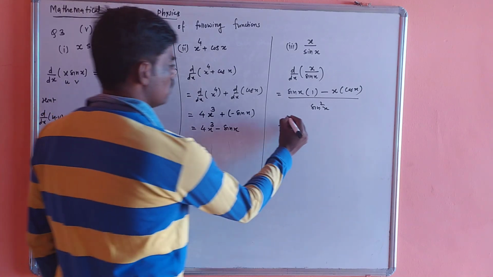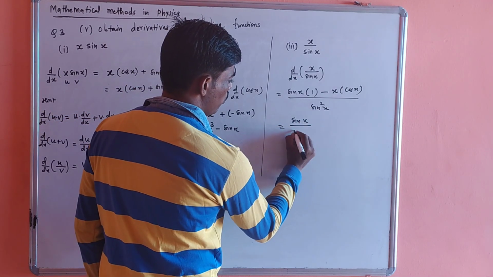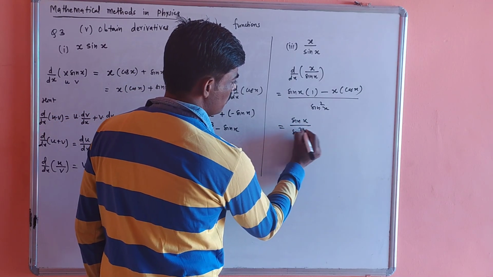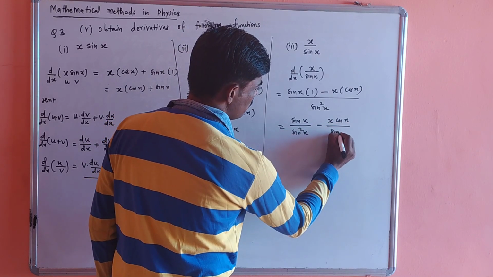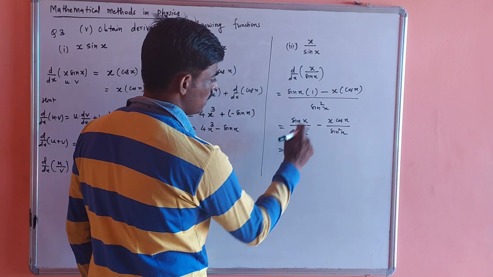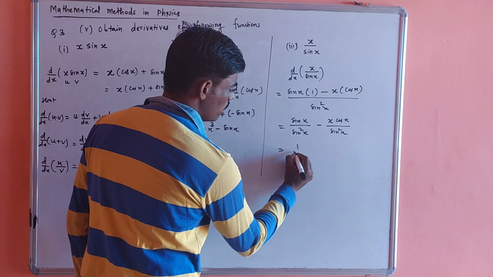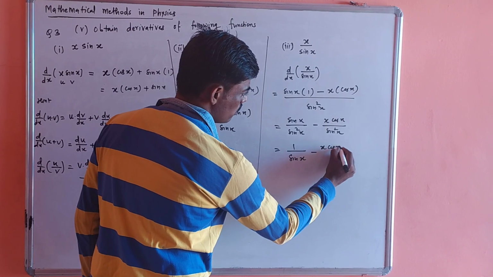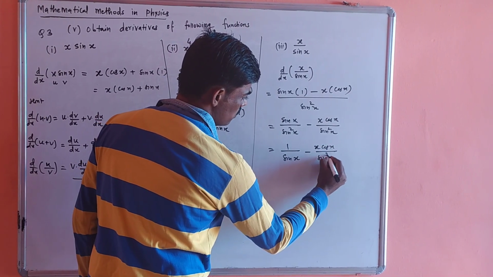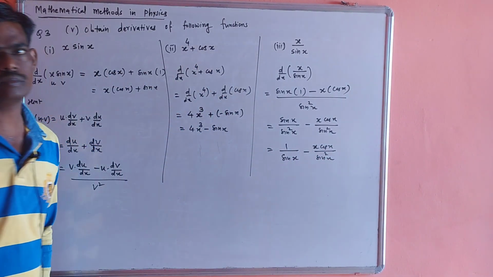So what do we get? Sin x upon sin square x minus x cos x upon sin square x. We can cancel one sin x, so it becomes 1 upon sin x minus x cos x upon sin square x. This is your answer.